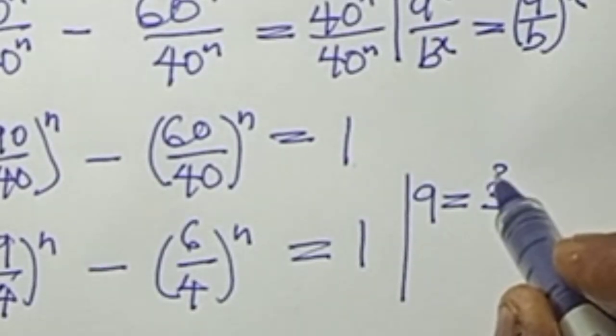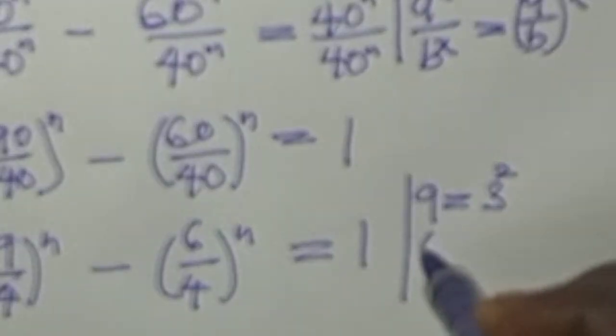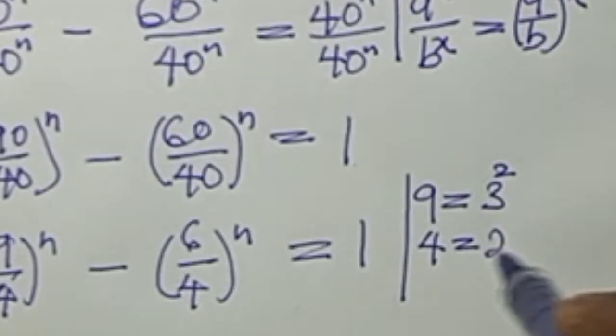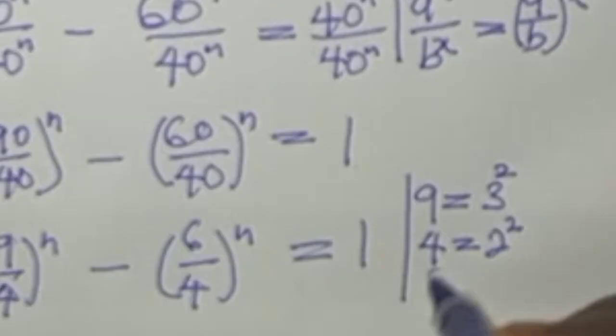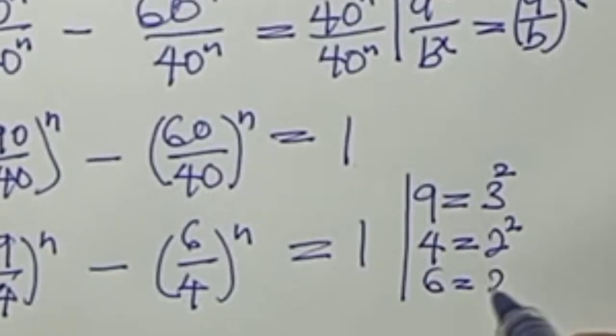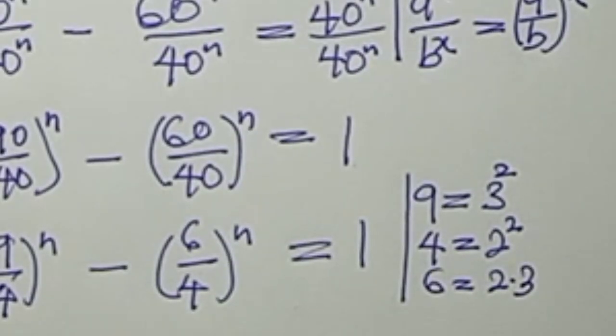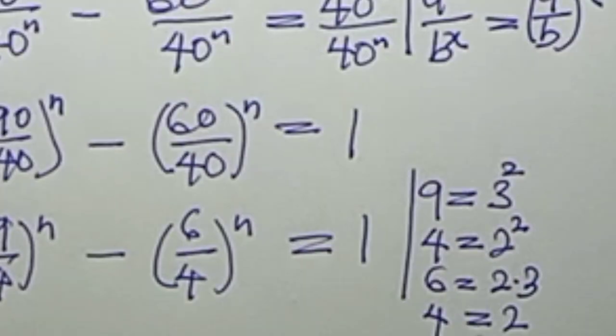And we're going to write 9 as 3 to the power of 2 and 4 as 2 to the power of 2. 6 will be split into 2 multiplied by 3, and 4 again as 2 times 2.